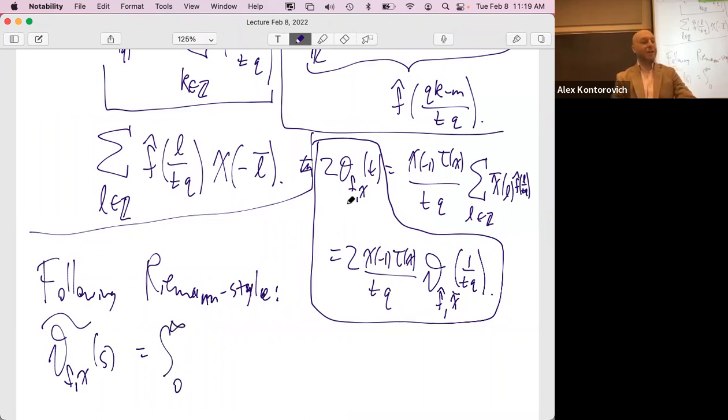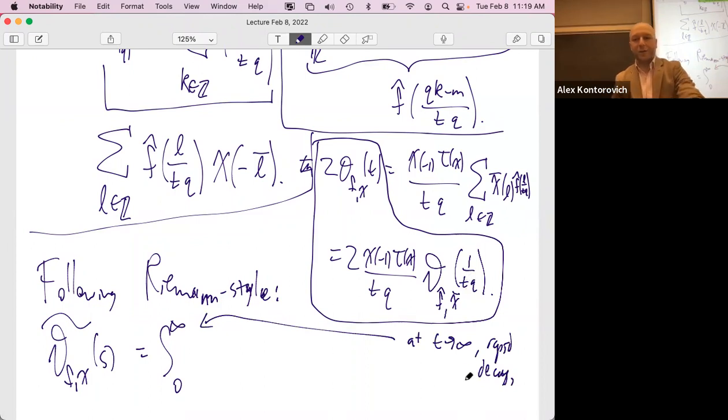Again, this function has great decay properties at infinity. At 0, you have to be a little bit careful. At infinity, it's a sum that converges exponentially, so as t goes to infinity we have rapid decay.